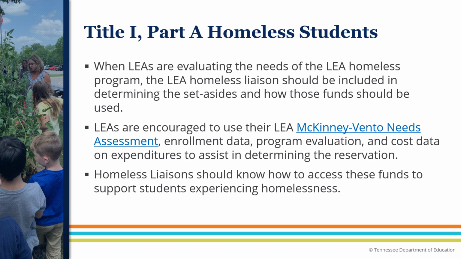Ensure you include your LEA homeless liaison, since they are the boots on the ground with assisting homeless students. There is a McKinney-Vento needs assessment that has been created for you all to utilize to help streamline this process. Also ensure that your homeless liaisons know how to access these funds.